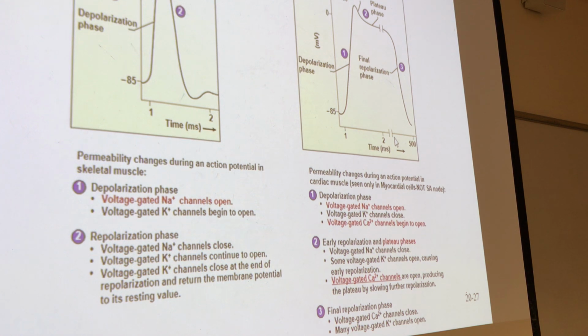What's the difference? Well, when we activate the heart, we stimulate it once, right? And that stimulation lasts that whole distance, right? So in order to get contraction, all we have to do is stimulate it once. And then the contraction and the depolarization last and last. 500 milliseconds instead of 2, right?